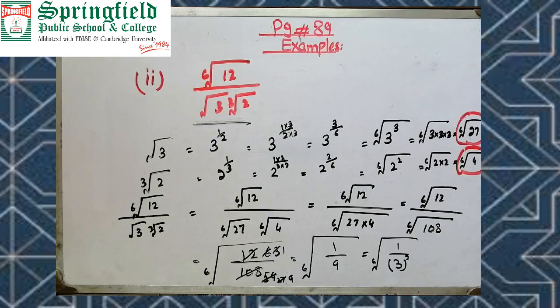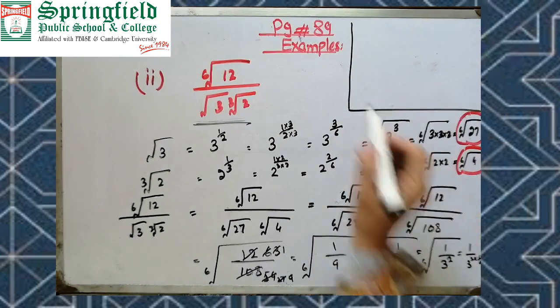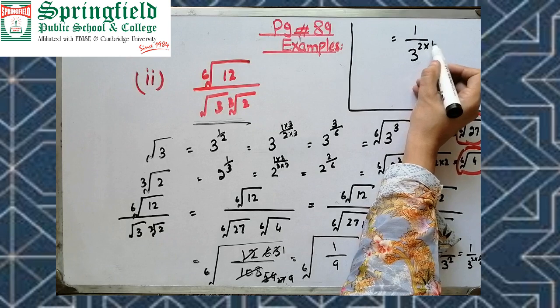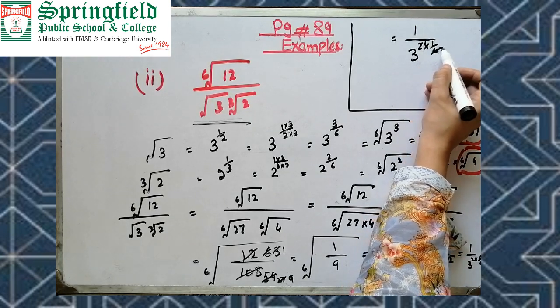9 can be written as 3 square. So 3 square, fine. And now write down 1 by 3 square multiply 1 by 6. Remove the 6th root and write down 1 by 6. So 1 by 3 power 2 multiply 1 by 6. 2 1s are 2, 2 3s are 6.